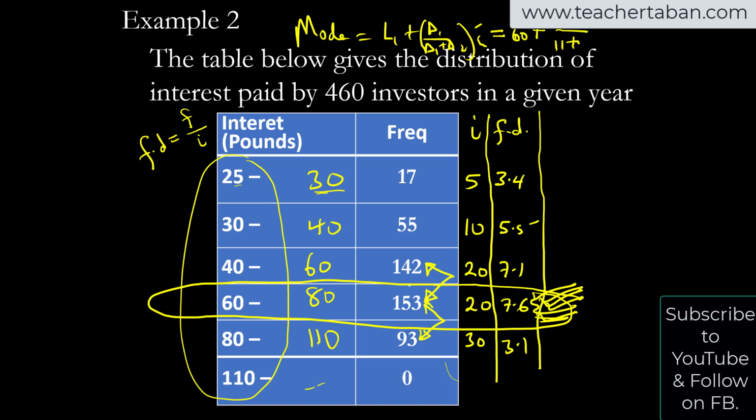So 153 minus 93, I'll get 60. And the class interval is 20, so times 20. This gives us our answer as 63.1 pounds. So this is our answer. That is how we get it.